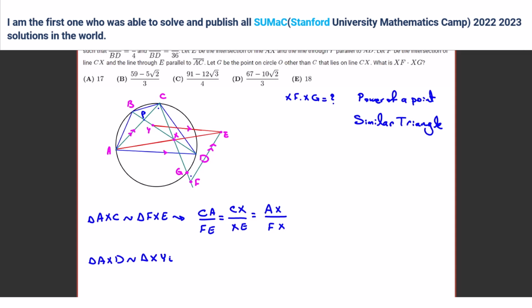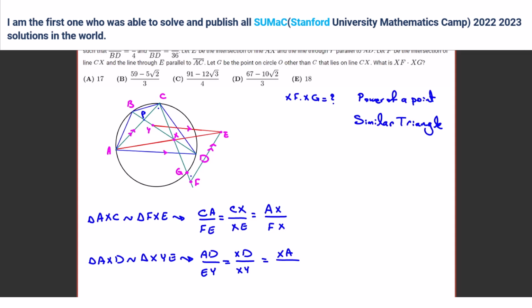AD corresponds to EY, XD corresponds to XY, and XA corresponds to XE. Let me check it again. You need to write the angles in the right order.